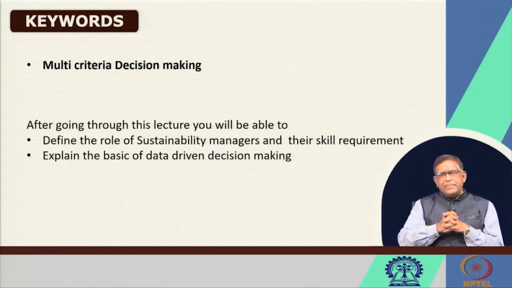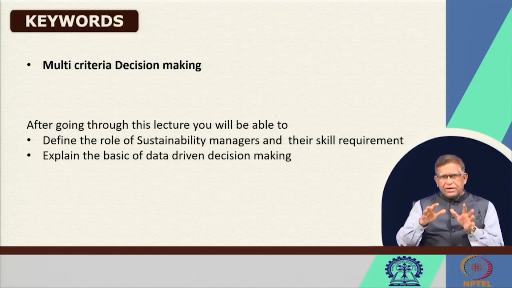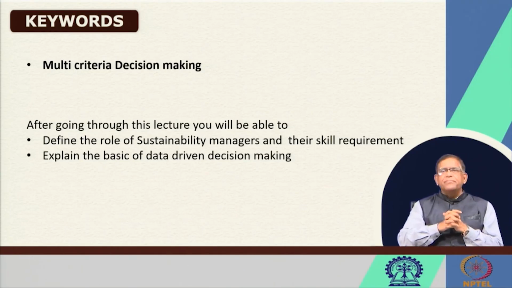So, that is why your decision making may be for an investment for a particular use. For example, if you have an overburden dump somewhere, which you have kept internally or externally, that part could be used for what?